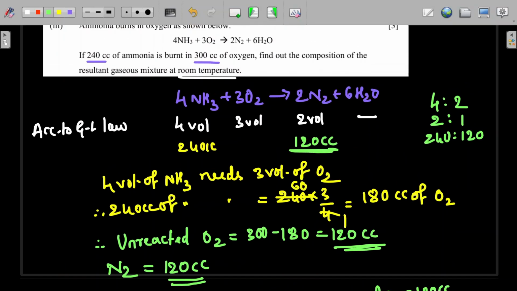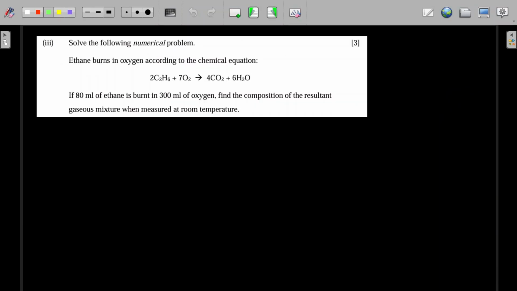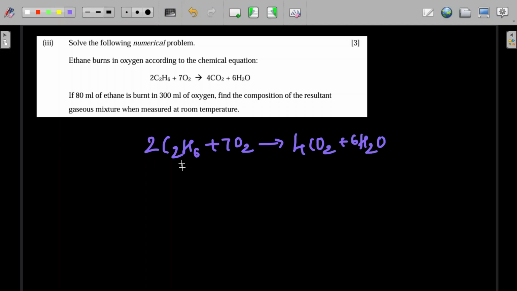Okay. Okay, all of you solve this one yourself. And once you are done, let me know. Raise your hand. Again, it is room temperature only.